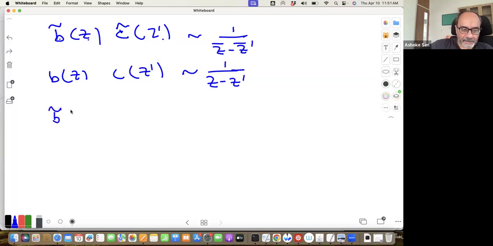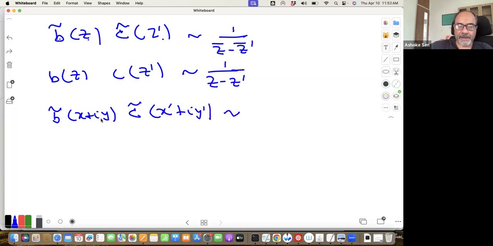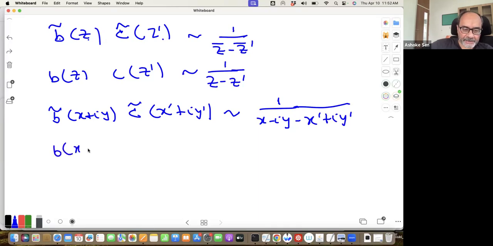So in particular, if you take B tilde of x plus iy, the actual location, C tilde of x prime plus iy prime, this should go as 1 over z bar minus z bar prime, right? So z bar is what? x minus iy, right? And z bar prime is x prime minus iy prime, right? So B tilde of x plus iy, C tilde of x prime plus iy prime should be like this. What you are saying is that we are going to replace it by B of x minus iy and C of x prime minus iy prime.